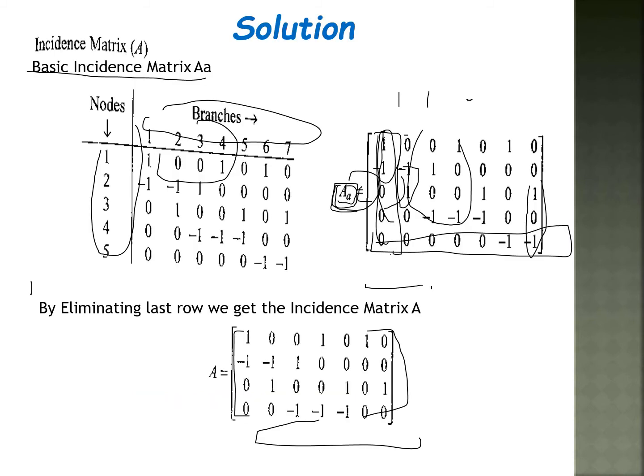For the basic incident matrix A, 7 branches and 5 nodes are given. So this is the complete matrix.